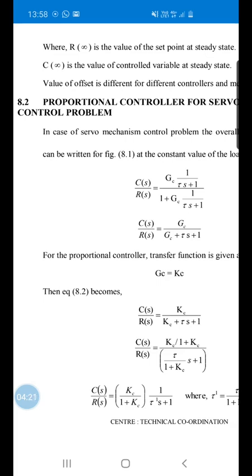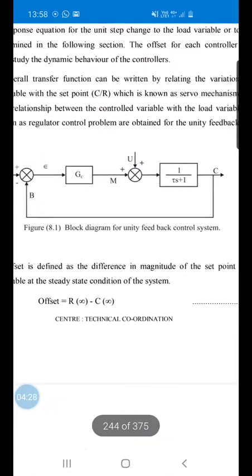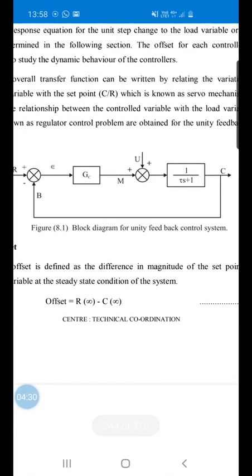These four derivations we are going to solve in this chapter, where for all these derivations we are going to consider this unity feedback control system.